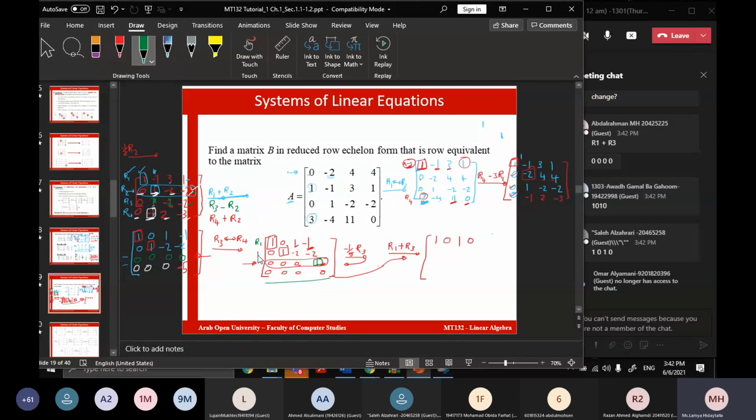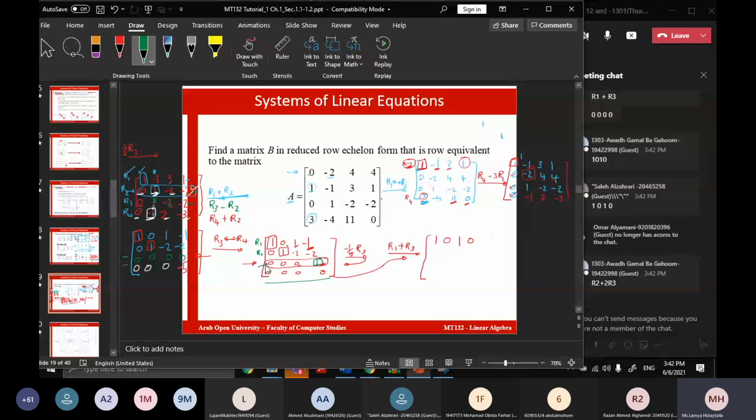Yes, the second row. Can I change R2 in the same step, since I already changed R1? Yes, because I am using this one, instead of writing the matrix many times, correct? How can I do this? We want to change R2 using R3. This is minus 2 and this is 1. So we multiply R3 by 2.